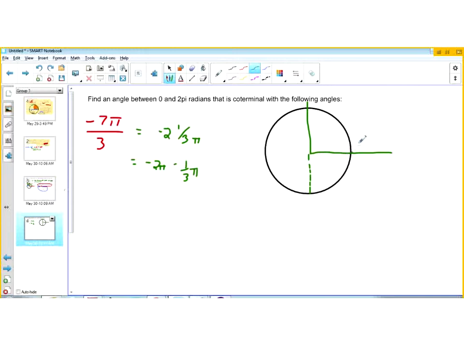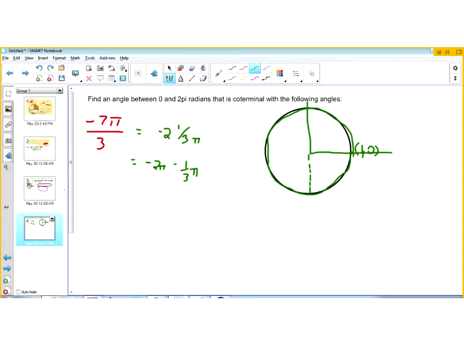If we start at the point (1, 0) and go negative 2 pi, we go in this direction. So here's negative 2 pi.